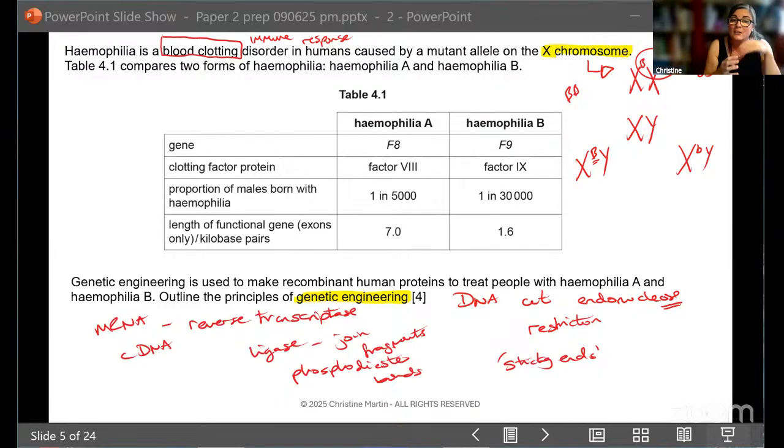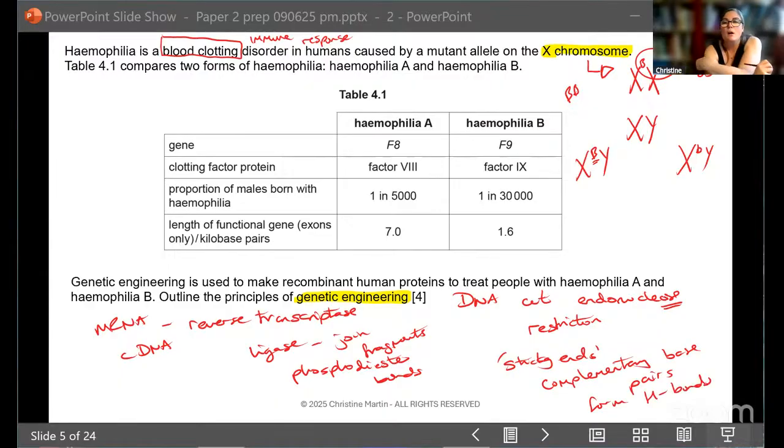They come together, the fragments, i.e. the cut desired gene, and our vector, which could be a plasmid, for example, come together because they have complementary base pairs. They form hydrogen bonds. So this is where I would say for some of you, you can trip yourself up by using generic terms that even your teachers may have used.